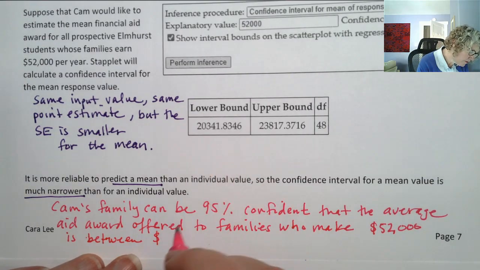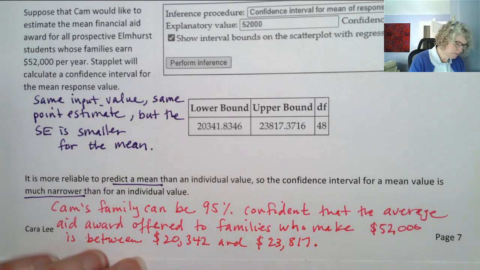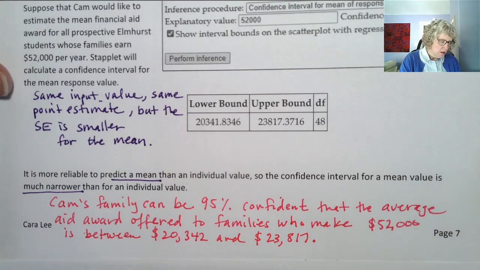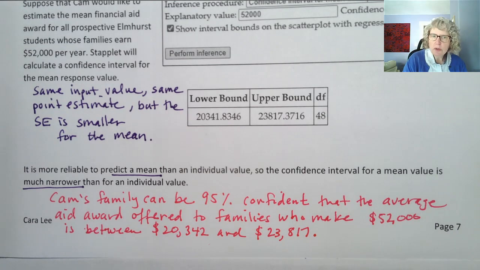This time I'm just going to cut it off with the dollars, but I'm going to round. 20,342 and 23,817. Okay, so you see the difference there between those two, predicting for an individual and then predicting for a mean with the same input value, or we could have different input values for a different type of question.